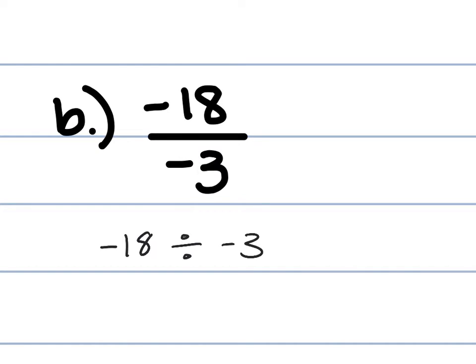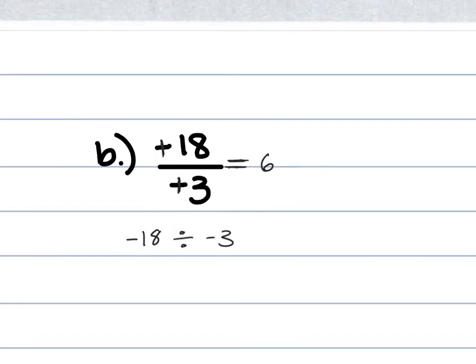Okay, I'm not trying to trick anybody. That's exactly the same, right? What is a negative divided by a negative? Positive. So when we see a fraction that has negative both top and bottom, this is guaranteed that we can do every single time. So we don't have to write it out the long way. When I see a negative over a negative, I go, oh, that's going to end up being positive. And how many times does 3 go into 18? 6 times. So that's going to give me a positive 6 right there.